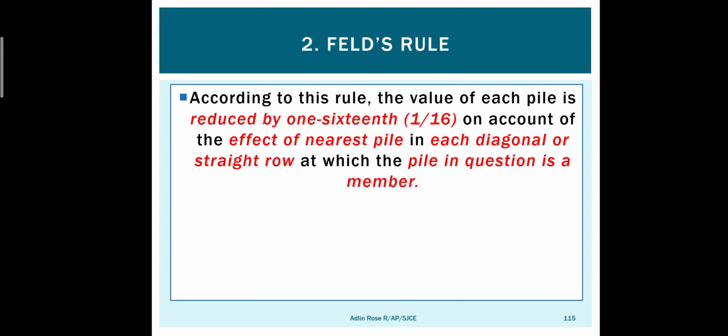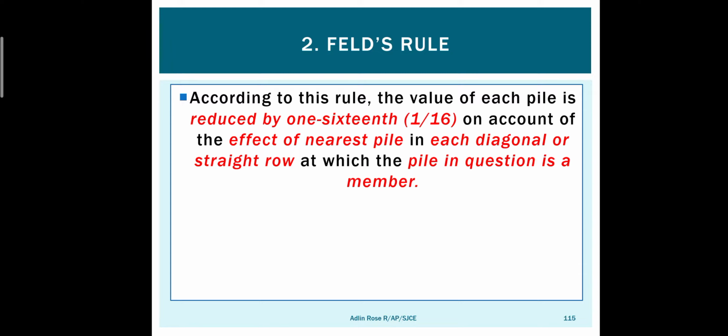Any pile will have some nearby, closest piles. The effect of the closest pile will be on the neighboring piles. The pile in question will have the effect of the nearby piles in a pile group.